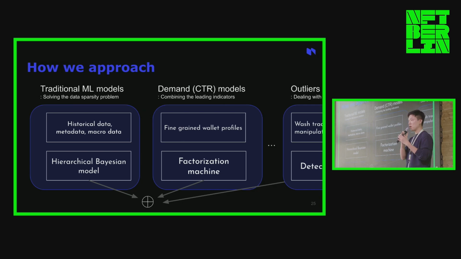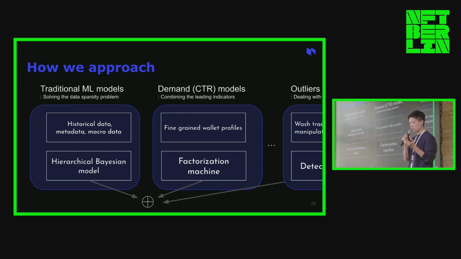We use a ton of different machine learning models to come up with the financial estimates. One is the traditional machine learning models to solve the data sparsity problem. The second is demand models, combining the leading indicators, and outlier detection modules. Let's dive into every single one.